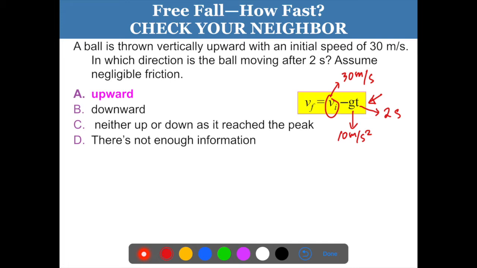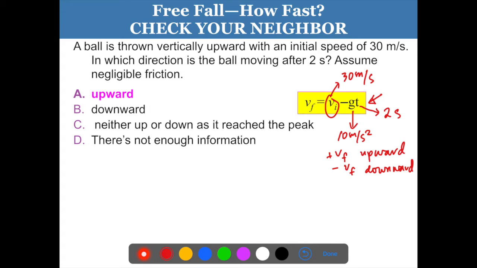Once you know the final velocity, if it's positive, then the object is moving upwards. And if you calculate a negative final velocity, then that tells you that the ball is moving downwards.